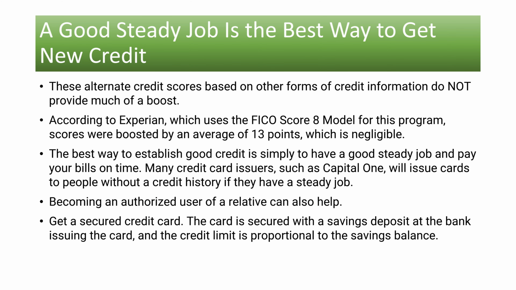A good steady job is the best way to get a new credit. These alternate credit scores based on other forms of credit information do not provide much of a boost. According to Experian, which uses the FICO Score 8 model for this program, scores were boosted by an average of 13 points, which is negligible. The best way to establish good credit is simply to have a good steady job and pay your bills on time.